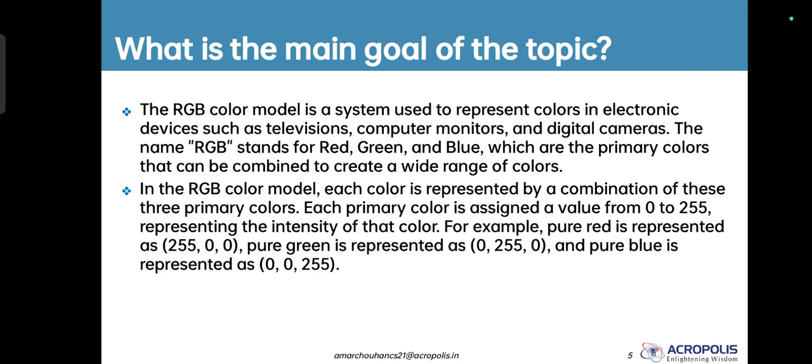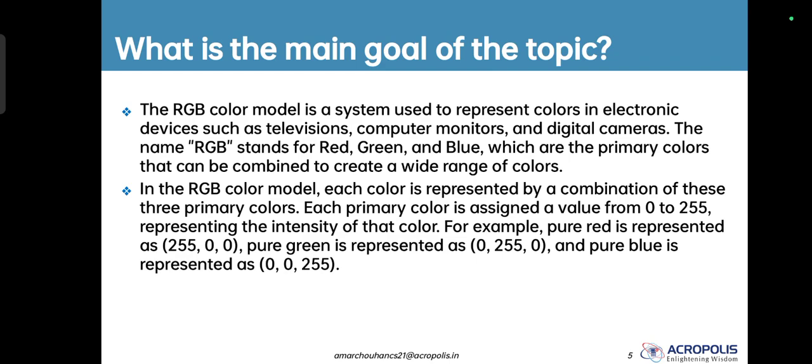The RGB color model is a system used to represent color in electronic devices such as televisions, computer monitors, and digital cameras. The name RGB stands for red, green and blue, which are the primary colors that can be combined to create a wide range of colors. In the RGB color model, each color is represented by a combination of these three primary colors.